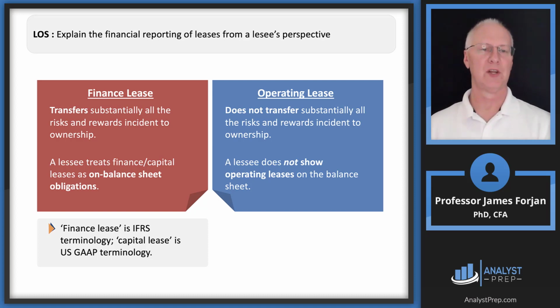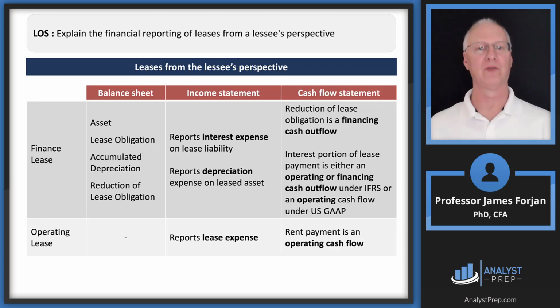So look at that definition up there. It substantially transfers all the risks and rewards incident to the ownership of the asset. So it's kind of like you have bought the asset, but you haven't really bought the asset. But you get all of the benefits. And so on the financial statements, you have to treat it as if you own the asset.